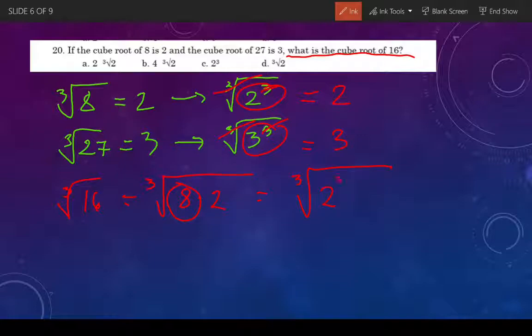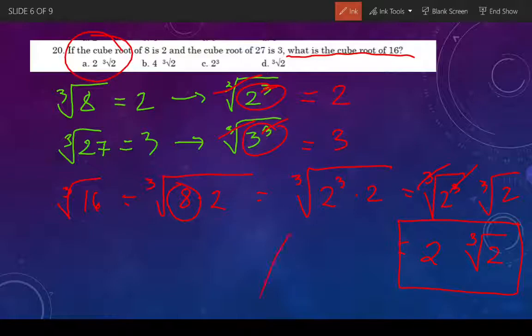We have 2 cube times 2. So, we will have cube root of 2 cube and then cube root of 2. Pinaghiwalay lang natin. Then, we're going to cancel that cube. So, we will have 2 cube root of 2. So, our answer will be letter A. So, ang sagot sa number 20 ay letter A.